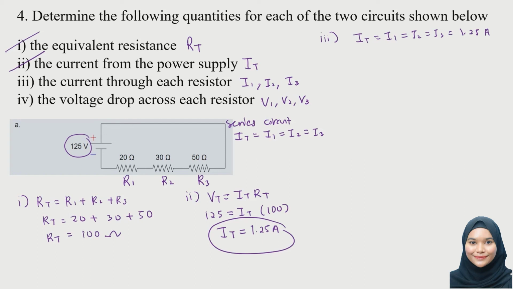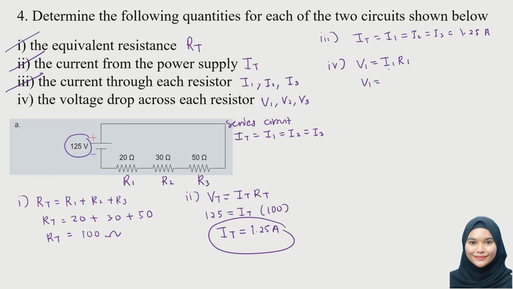Okay, and next we need to look for the voltage drop across each resistor. We can use the formula for the voltage across resistor 1 equals the current flowing through resistor 1 times the resistance of resistor 1.